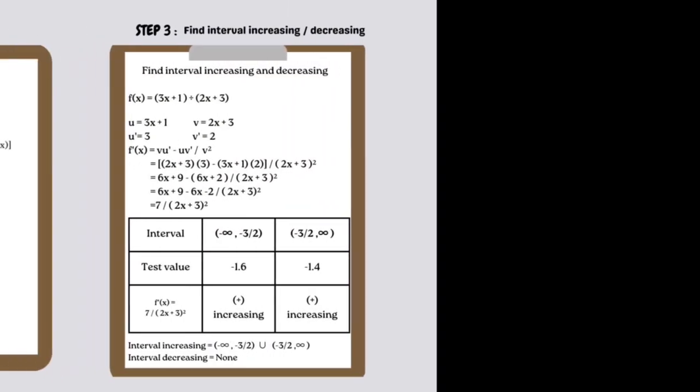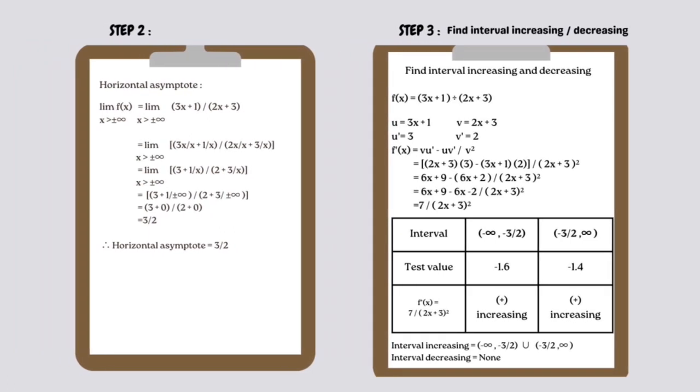Then to find the horizontal asymptote, this is the limit as x approaches plus or minus infinity of (3x plus 1) over (2x plus 3). After the calculation, you will get 3/2. So the horizontal asymptote here is 3/2. For step 3, you need to find the interval increasing or decreasing. Here, you differentiate the function, and then you will get 7 over (2x plus 3) squared.